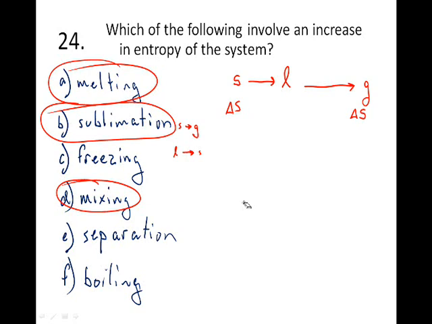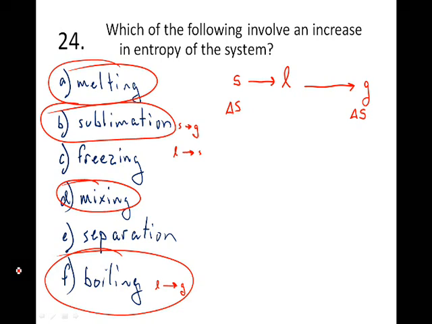Separation, on the other hand, is the opposite of mixing and is going to decrease entropy. Boiling is changing from a liquid to a gas, and it's going to make a big increase in entropy of the system. So A, B, D, and F are going to increase the entropy of the system.